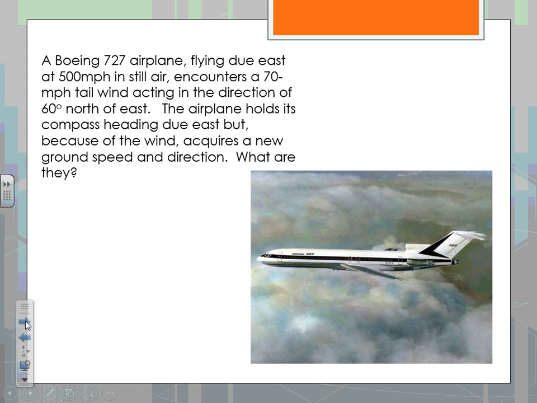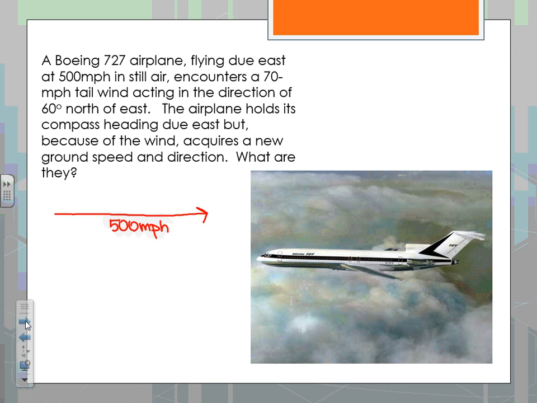So what is happening? The plane is flying in very strong winds. Free body diagram. Okay. What's the force? The plane is flying 500 miles per hour due east. Then what happens?